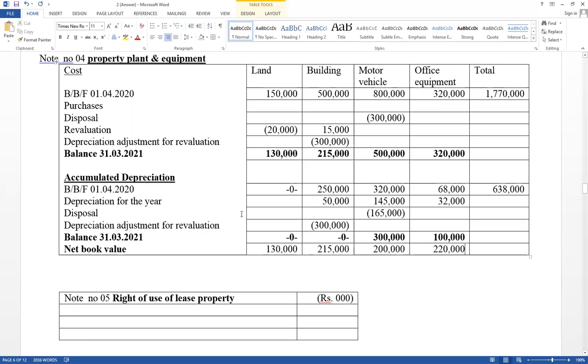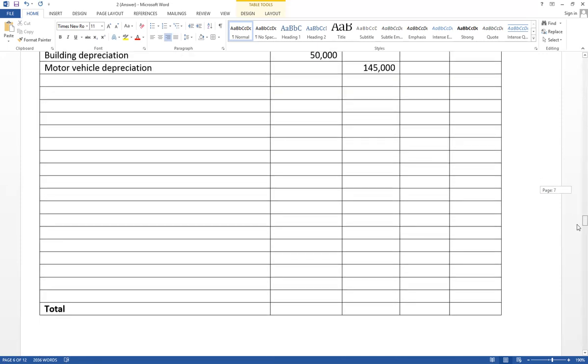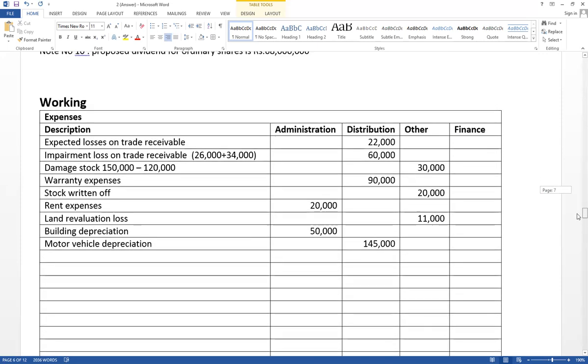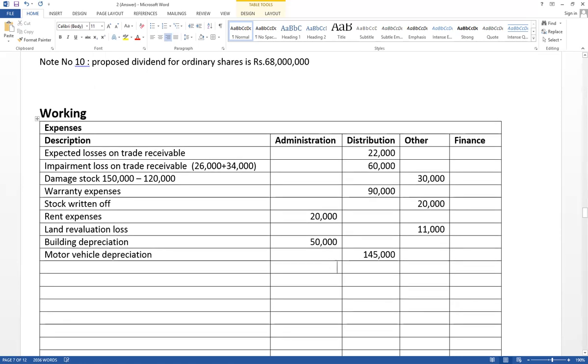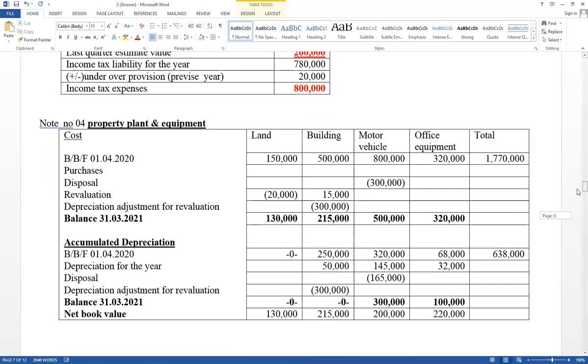And the office equipment depreciation of 32,000 should be included under administration expense. Then complete the PP schedule also.